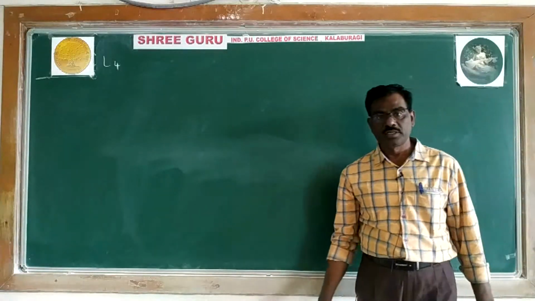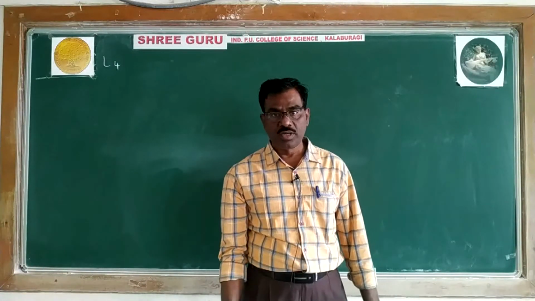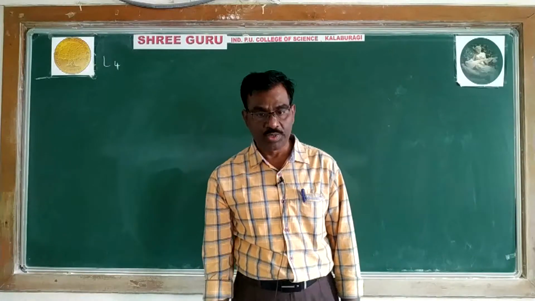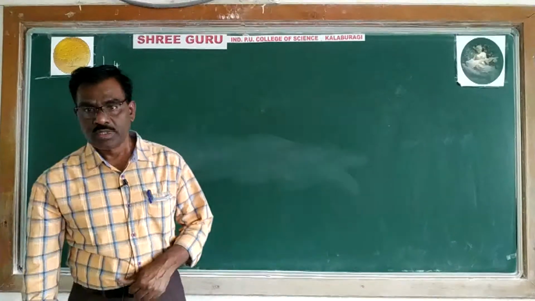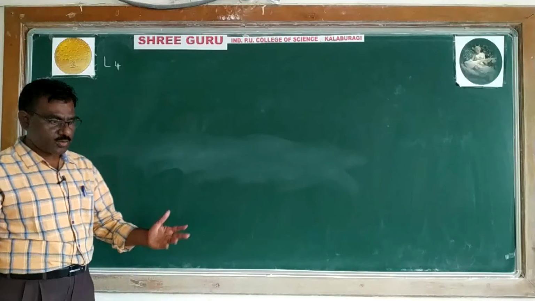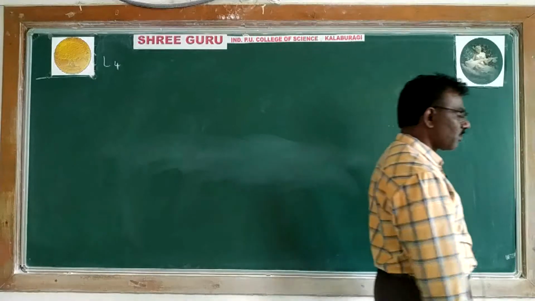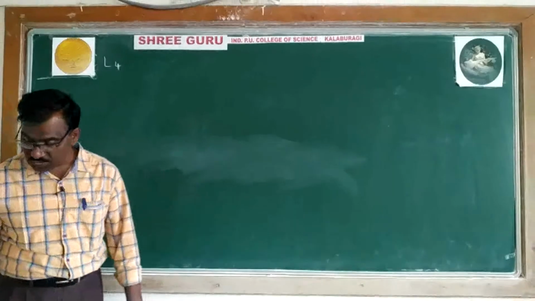Very important in this chapter are domain, range and property. Maximum type properties I explained. Using property I am solving the previous problems, in terms of tan inverse of x. And today we'll continue the same problems.